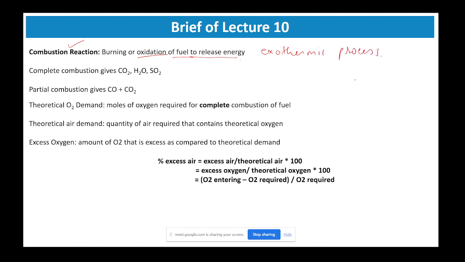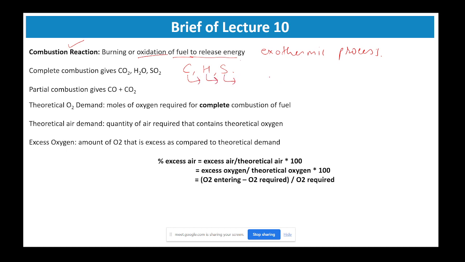So for any reaction to occur, there will be some amount of energy released. Any fuel usually has carbon, hydrogen, sulfur in it. So all this gets converted into its oxide form.